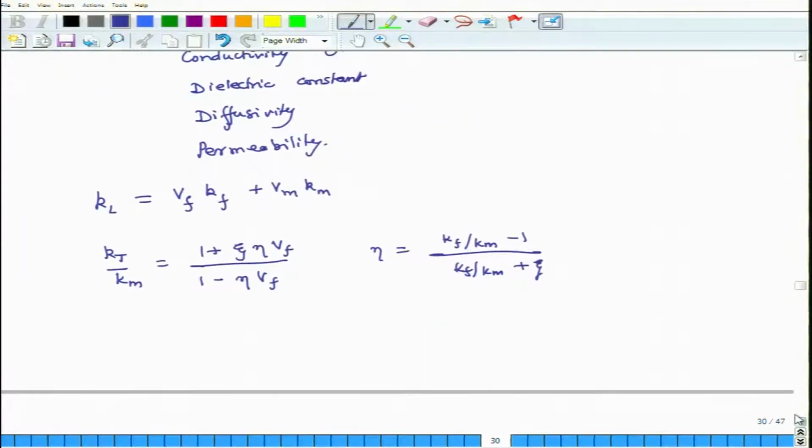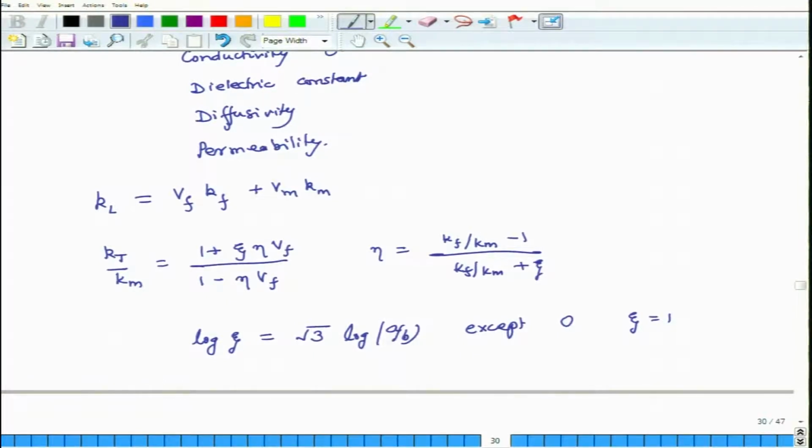And here the definition of zeta is again different. So, what is it? Log of zeta equals square root of 3 times log of A over B for all fibers except circular cross sectional fibers, for which zeta equals 1.